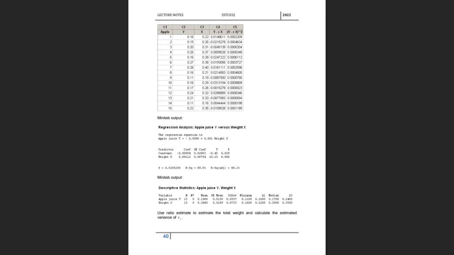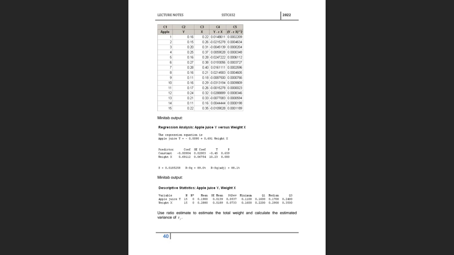If you check page 40, there's a table there. The table shows the y variable and x variables. And then they calculated y minus rx and y minus rx all squared for you. Then they input it using Minitab.